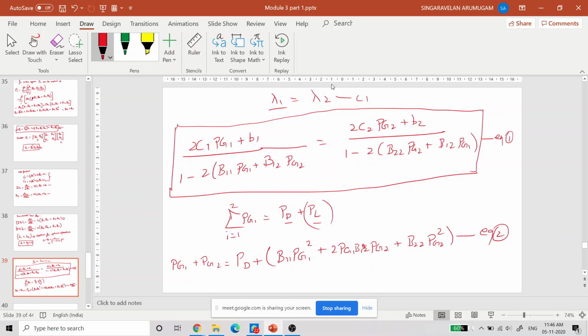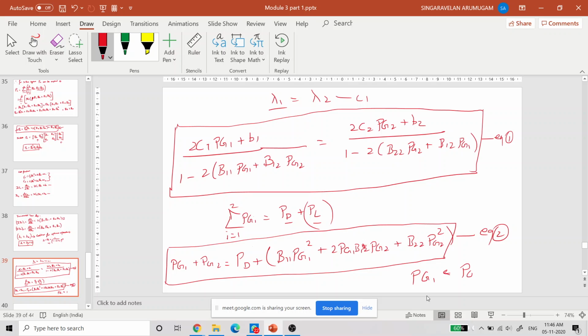Then if you solve these two equations, definitely we will get the values of PG1 and PG2. So this PG1 and PG2 is the optimum value.